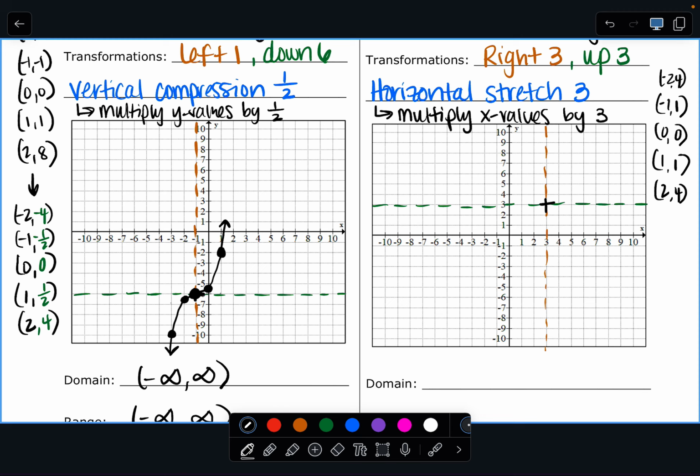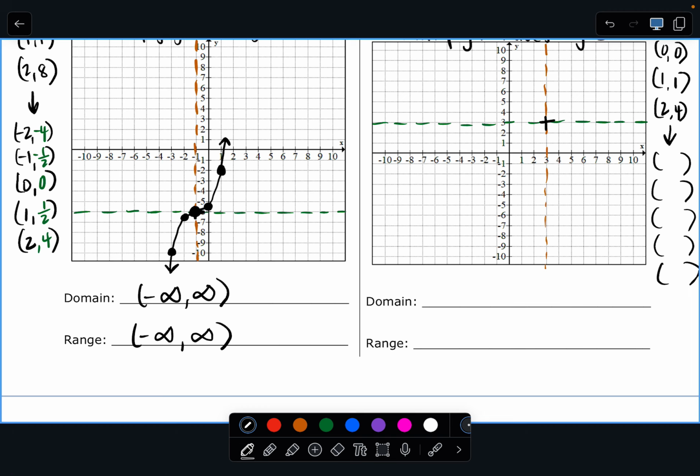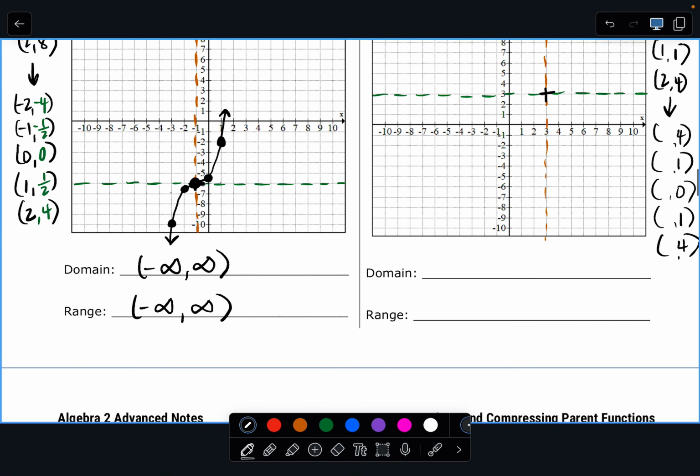So once we have this, this is telling me that we're changing the x values. So before I do anything else, I'm going to write my y values so that they don't change. So that's 4, 1, 0, 1, 4. No change to those. The only thing that's changing is the x. And I'm multiplying all of my x values by 3.